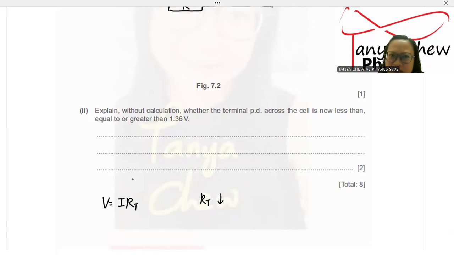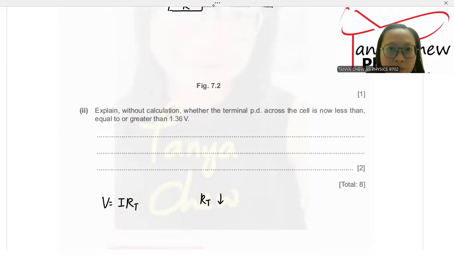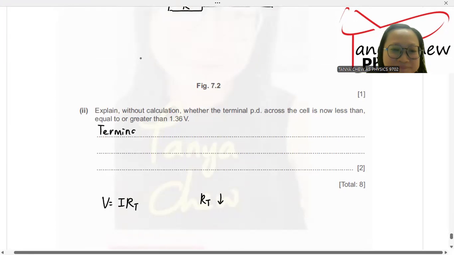Since the total resistance decreases, there will be less work needed to be done to move the charges across the resistor. So that is why the terminal PD would have to decrease, right? So I would say terminal PD decreases.